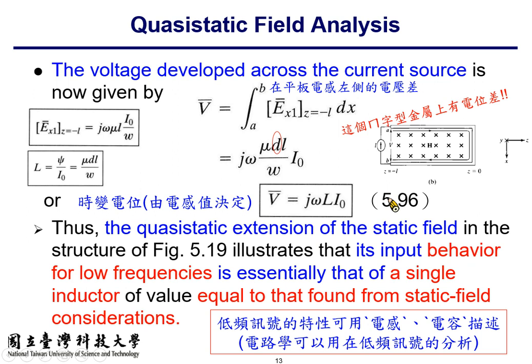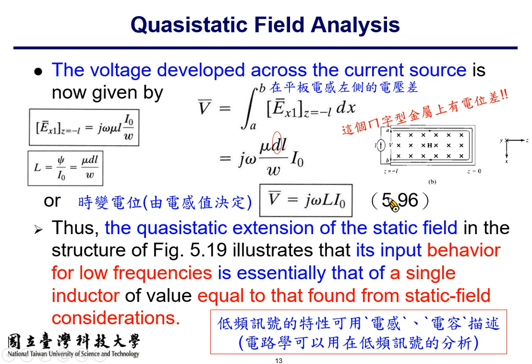And so we found that this structure shall exhibit inductive property because we have not only the current, not only the magnetic field built up in this structure, we observe that there is voltage built up across the structure.